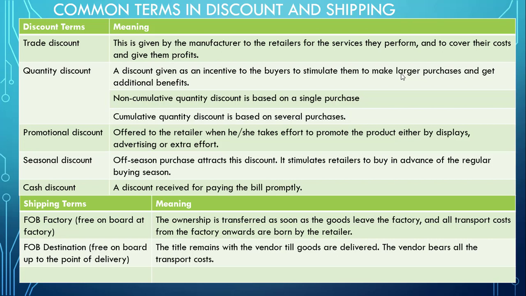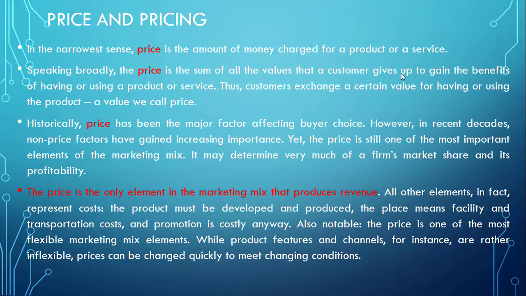So these are the main terminologies that you hear very often when we discuss retail and retail pricing, retail mixes in general. So saying that, when we come to the definition of price and pricing, we can see price in different categories: the simplest definition of price and a broader definition of price.